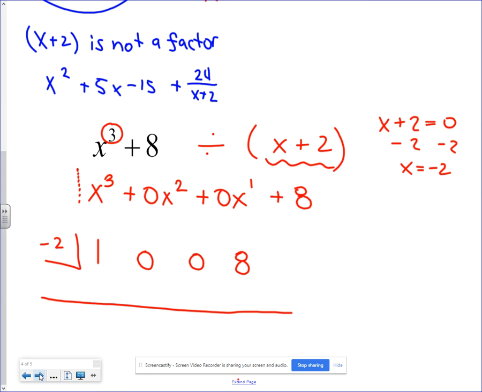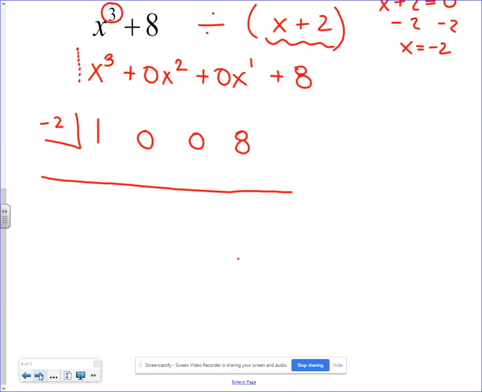So now let's do synthetic division. Let's see what we end up with. We're interested in what the remainder is. If the remainder is 0, then this x plus 2 is a factor of it. So we drop the 1 down. Take negative 2 times 1 is negative 2. 0 plus negative 2, negative 2. Negative 2 times negative 2 is positive 4. 0 plus 4 is 4.